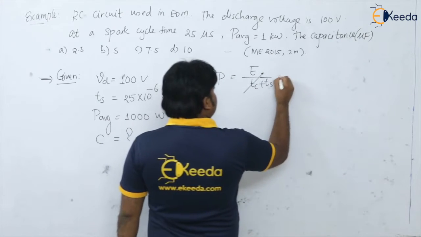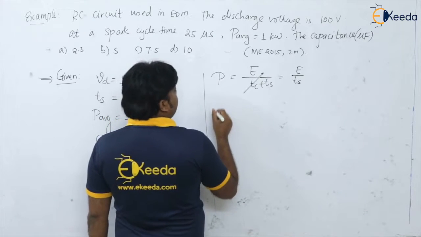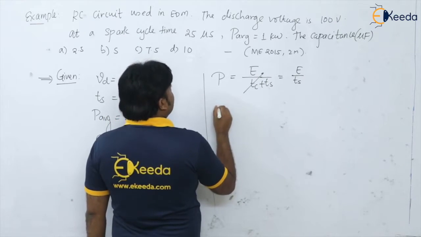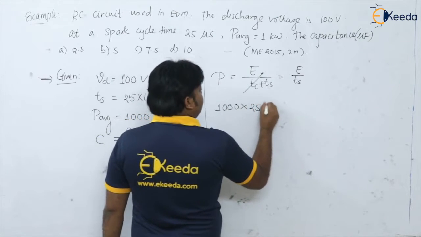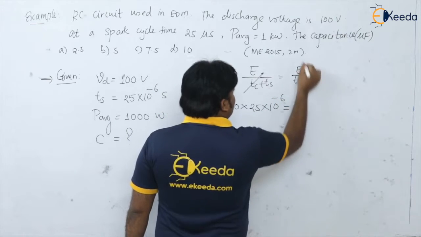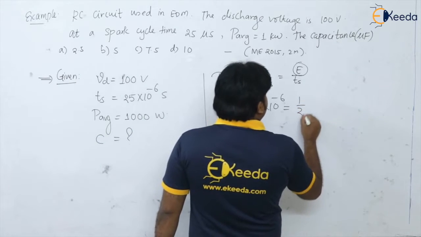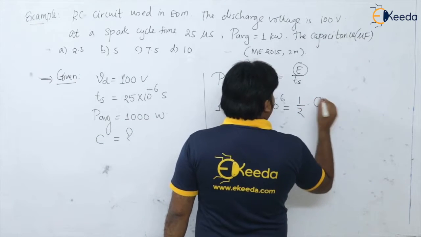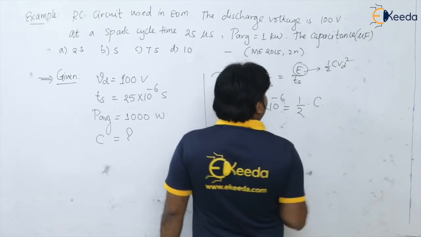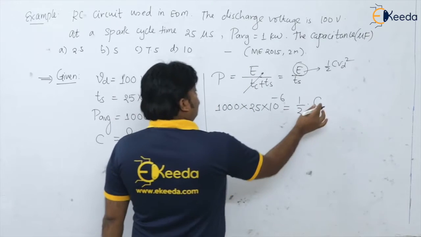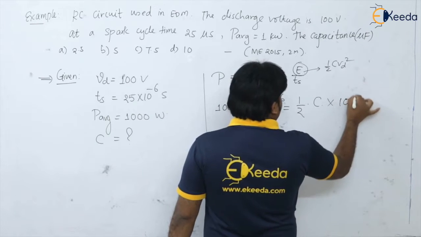So what will be your formula? That is energy per unit of sparking time. Power is 1000 watt into TS, 25 into 10 to the power minus 6 seconds, is equal to the energy release per spark in the EDM, which is half into C into VD square, that is discharge voltage square. So C is unknown here, VD is given, VD is 100 square.